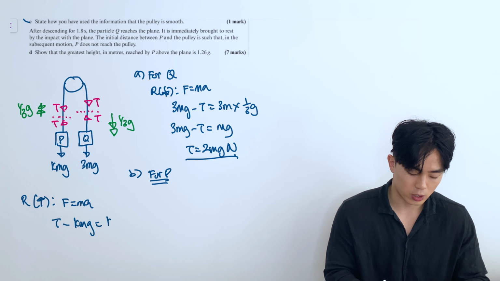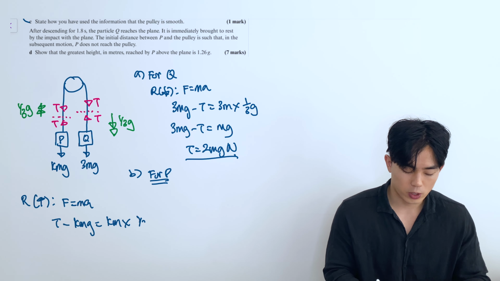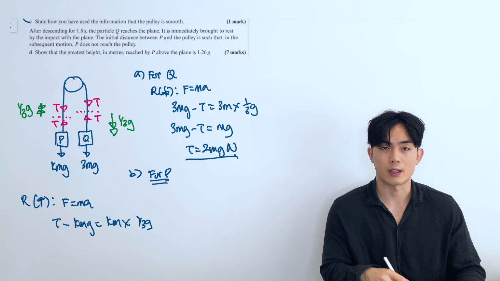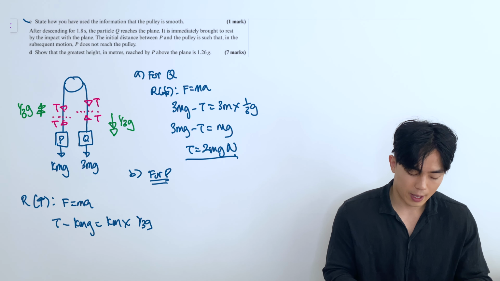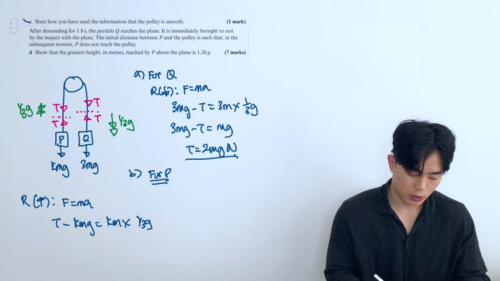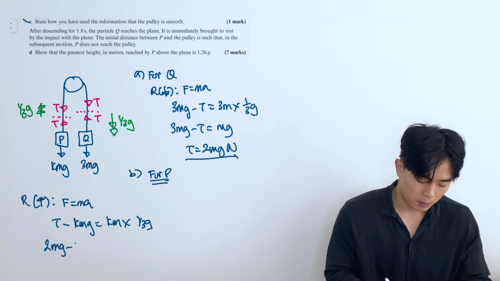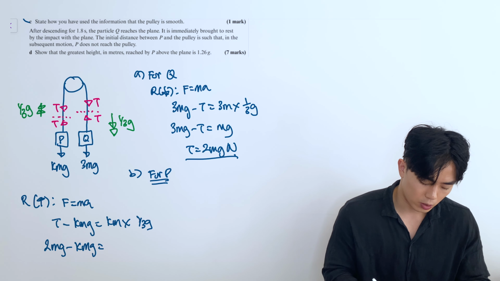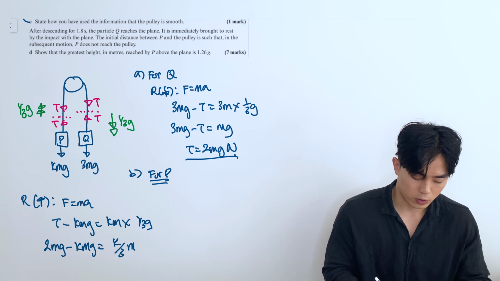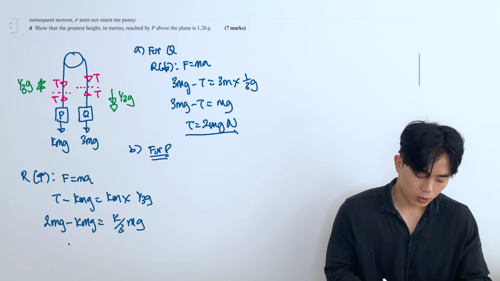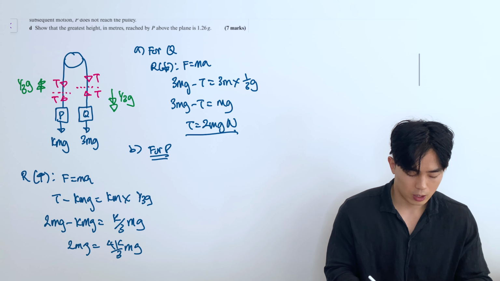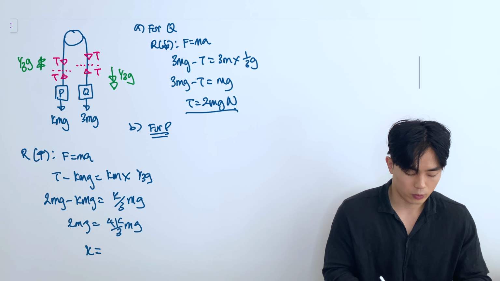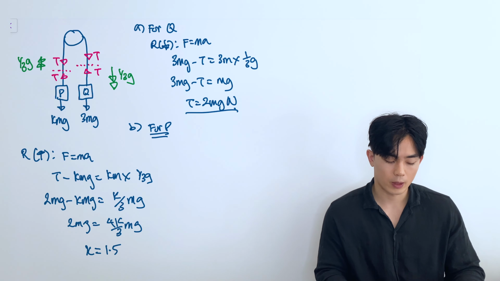That's equal to the mass, which is km, times the acceleration, which is the same acceleration as Q because they're connected, so 1/3 g. T we worked out in part A for Q, so that's 2mg. So we have 2mg minus kmg is equal to k/3 mg. So 2mg is equal to 4k/3 mg. So k, you get a value of 1.5 if you work this out.